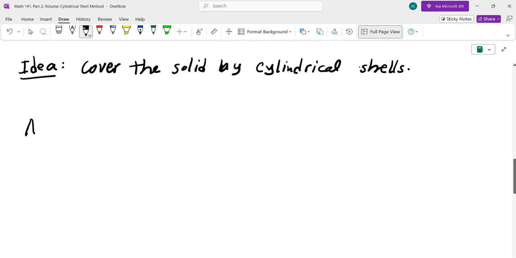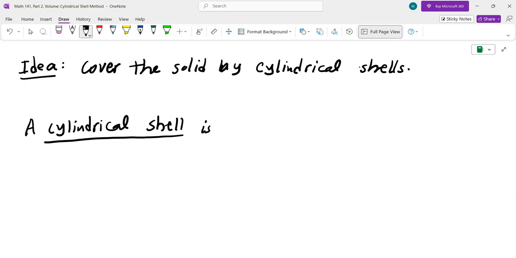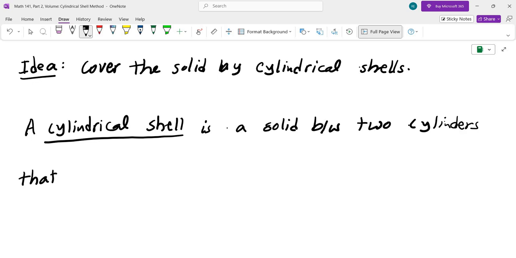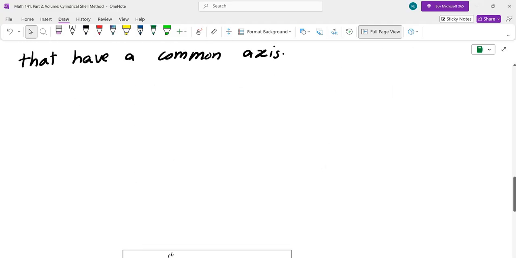A cylindrical shell is a solid between two cylinders that have a common axis. So we cover our solid with these cylindrical shells, and then we add up the volumes of these cylindrical shells. So the first step would be to figure out the volume of a cylindrical shell.